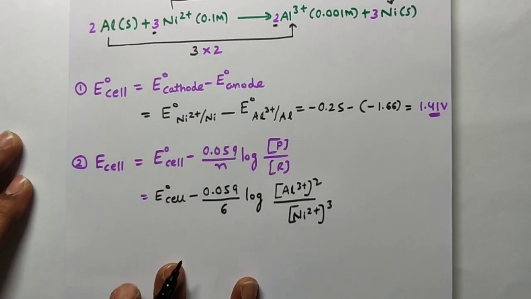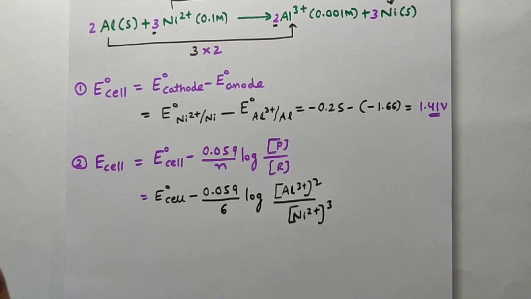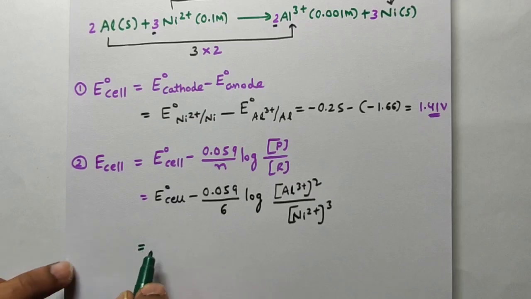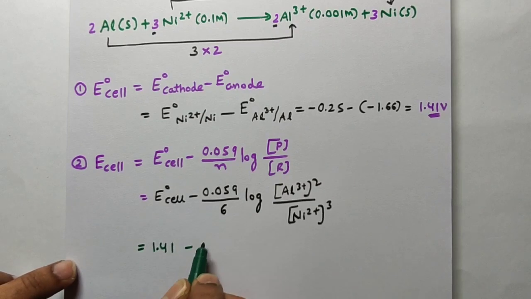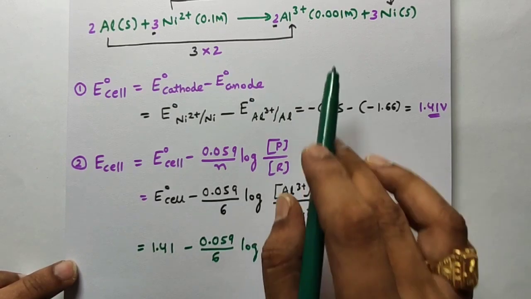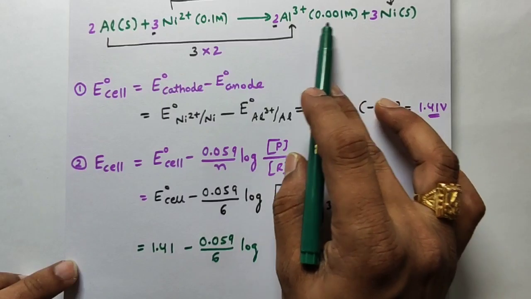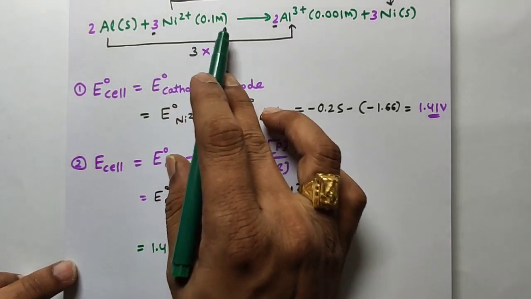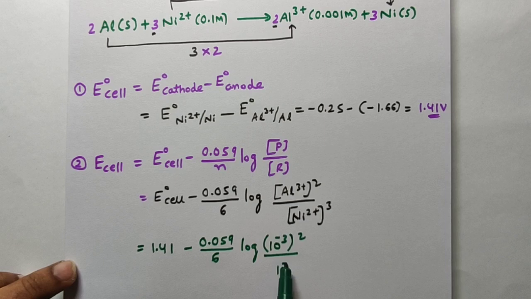Next, let us substitute all the values. The E naught value we found just before: 1.41 minus 0.059 by 6, log of the Al3+ concentration, 0.001, which is 10 to the power of minus 3, whole square, divided by the Ni2+ concentration 0.1, which is 10 to the power of minus 1, whole cube.